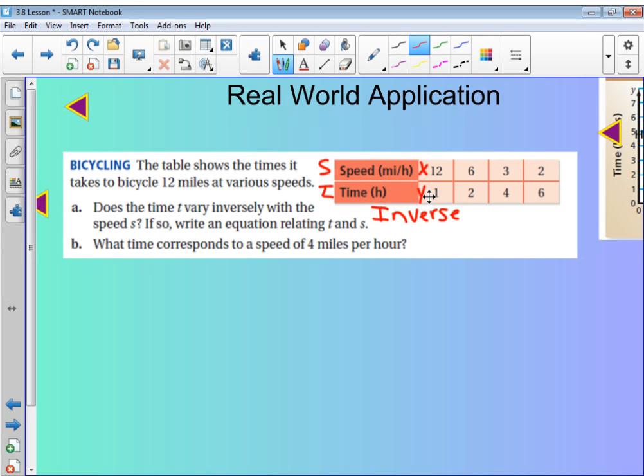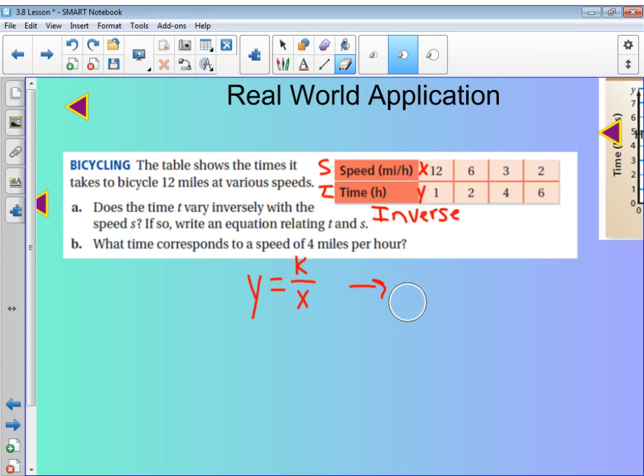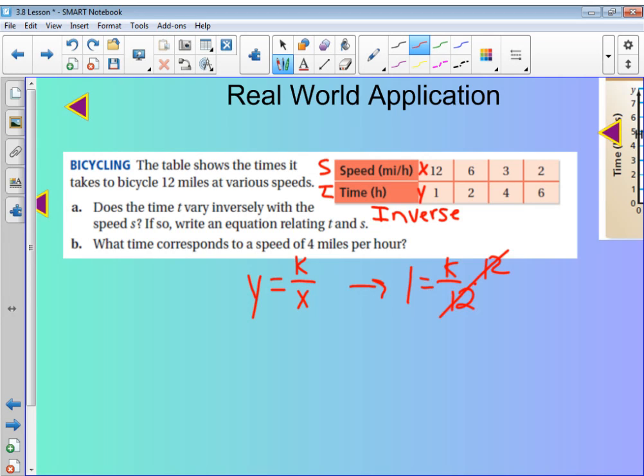Our equation normally is y equals k divided by x. So we'll substitute in. Our y was a 1, so 1 equals k divided by 12. Then times 12 on both sides, we find out that our k equals 12 times 1, which is 12. So our equation is y equals 12 divided by x.